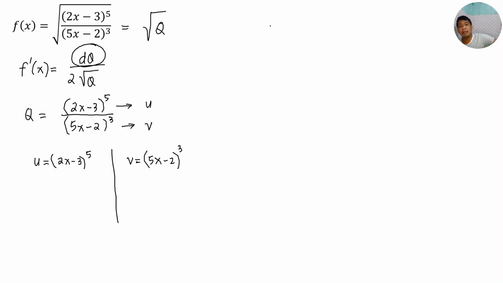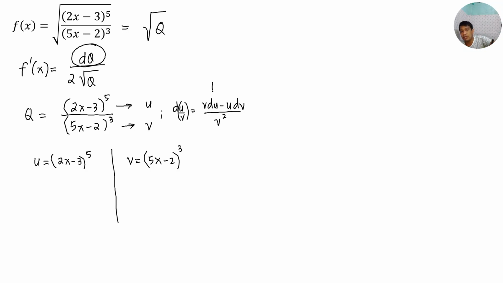Then the derivative of u over v, as discussed earlier, is v du minus u dv over v squared.